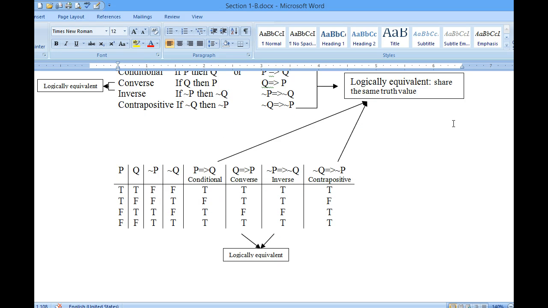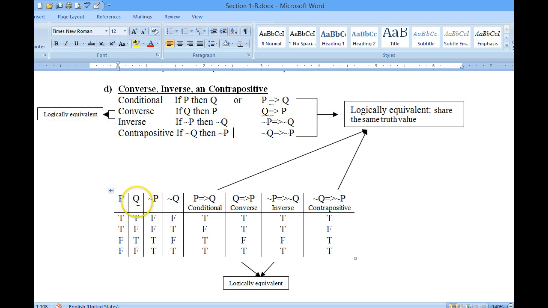So if I come down here, I'll show you how to fill in the truth table. So I have all of my propositions, P, Q, not P, and not Q. So I need all of my combinations. I can have true, true, which means not P is going to be false, and not Q is also going to be false.